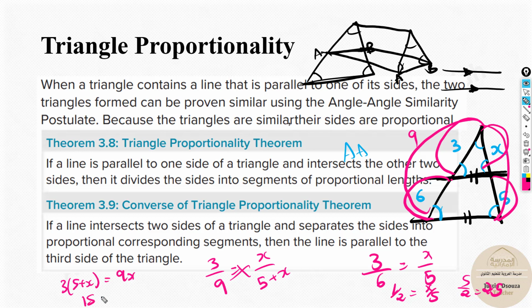It will be 15 plus 3x equals 9x. You can simplify this: 15 equals 9x minus 3x, that would be 6x. That means x will be equal to 15 by 6. 3 goes over there, 5 by 2, or 2.5. So the answer will be the same. So this is about proportionality. I hope this is clear how we got this.